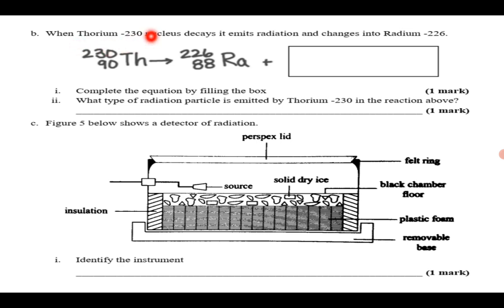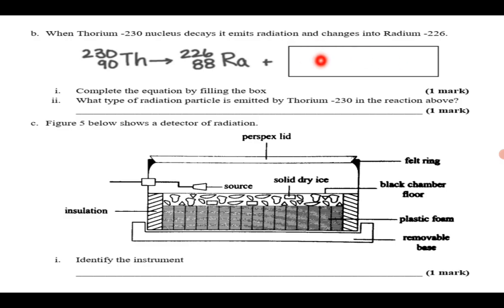When thorium-230 nucleus decays, it emits radiation and it changes into radium-226. So thorium undergoes decay to form this. Complete the equation by filling in the box.